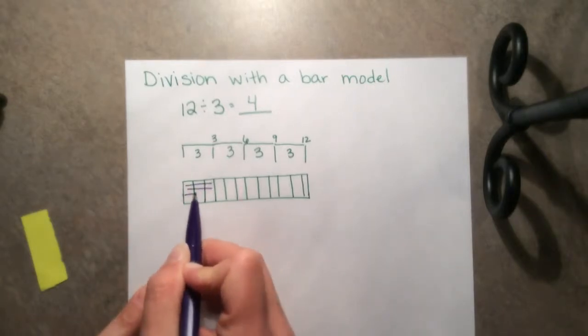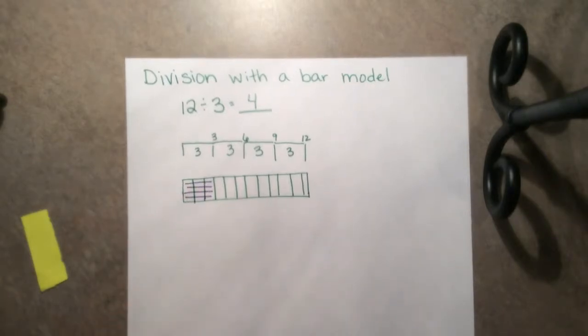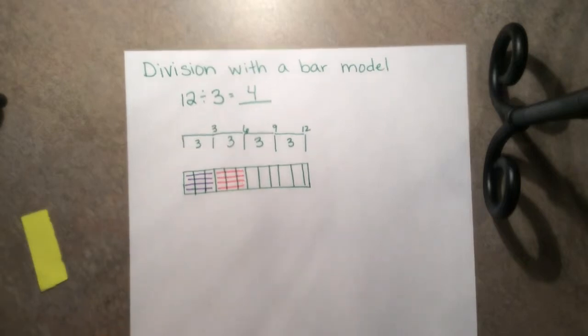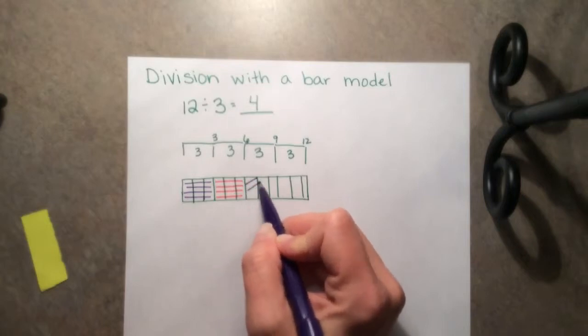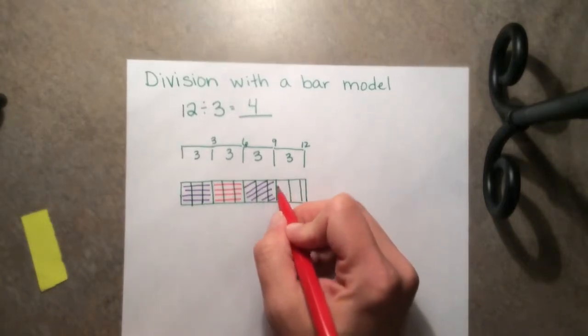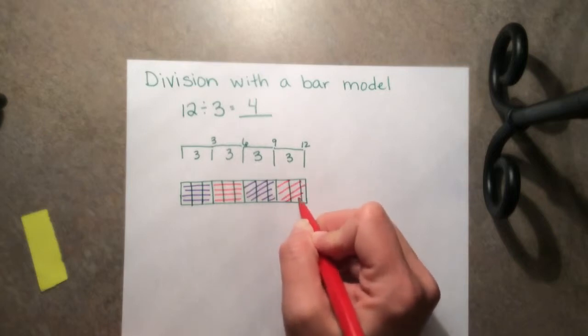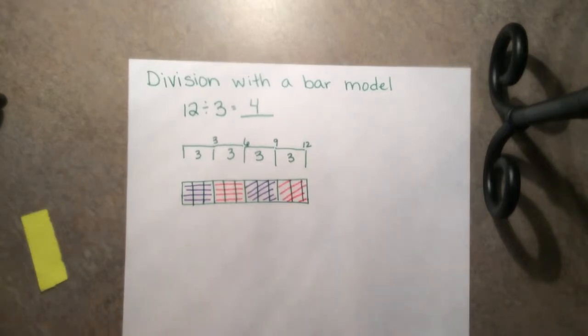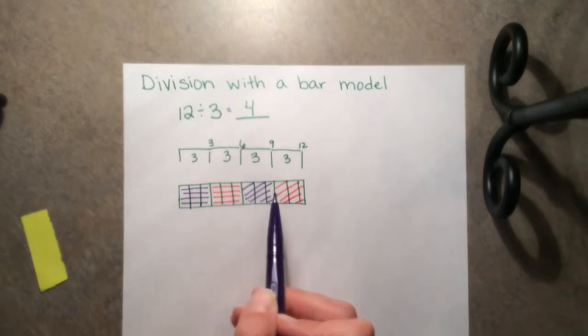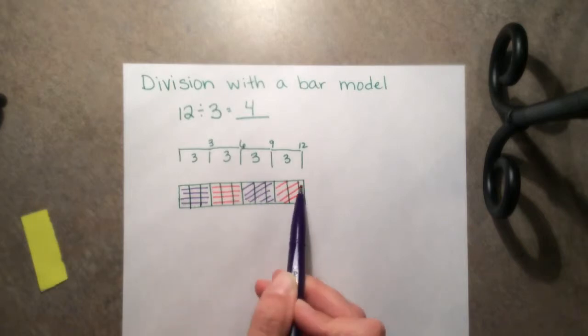One group, second group, a third group, and the fourth group. Again, showing that each of these has 3 units within its larger group.